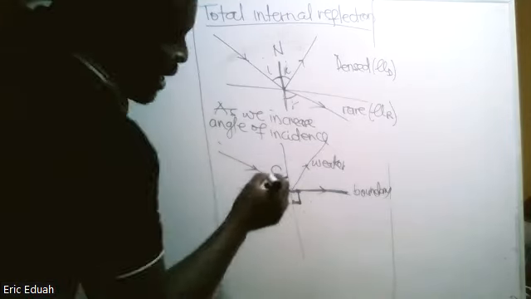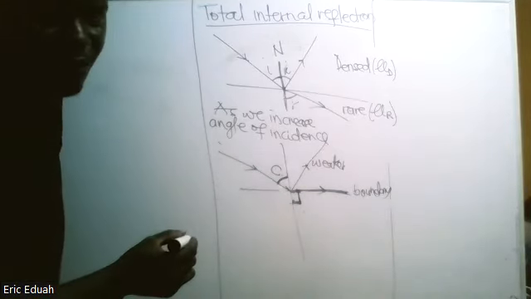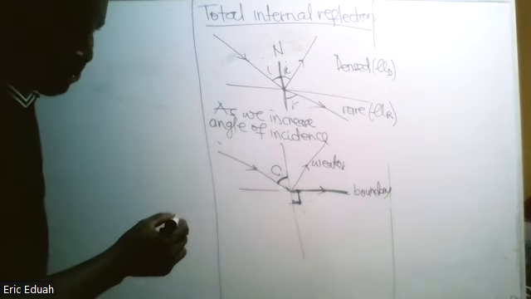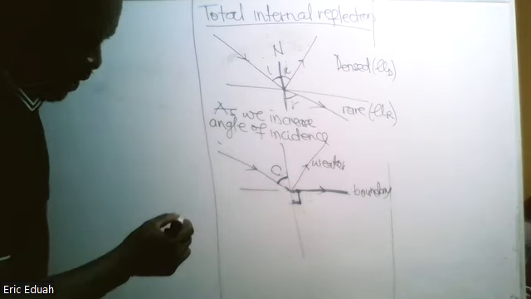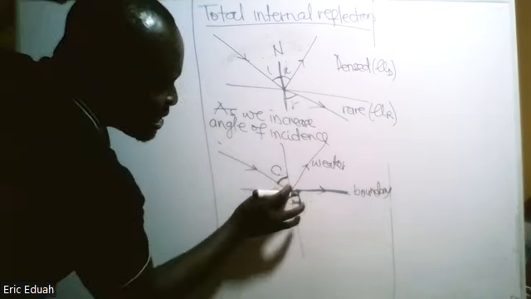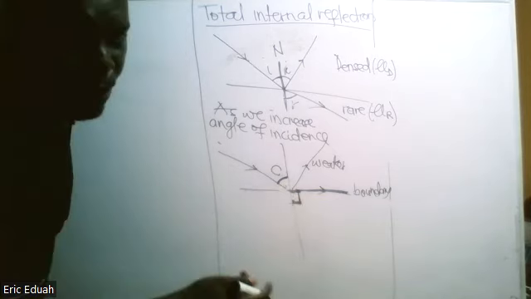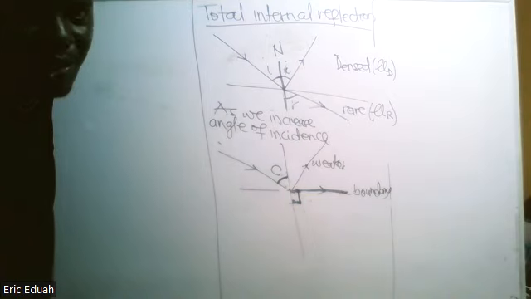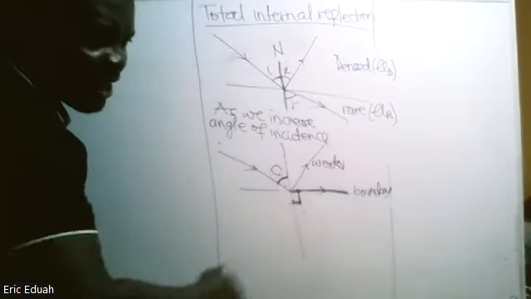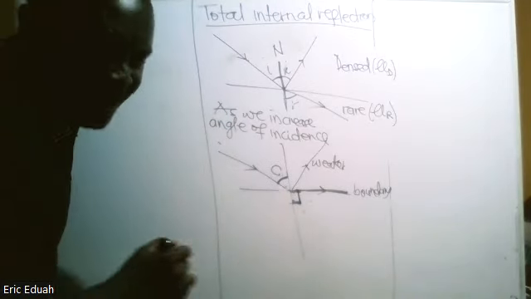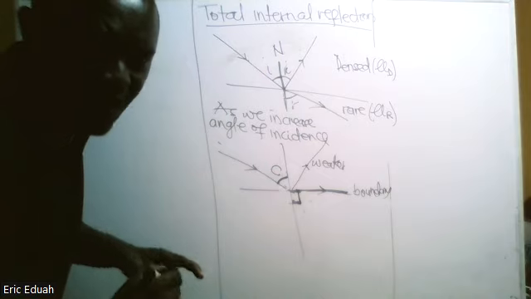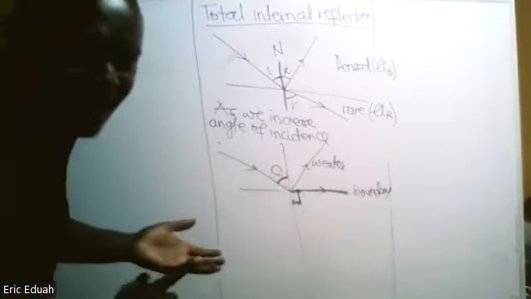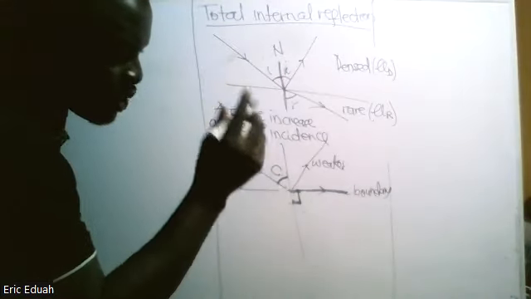Now, at the attainment of the critical angle, if you go beyond that angle of incidence which gives an angle of refraction of 90, say if it's 20, the moment you produce an angle of incidence of 21, 22, this is what you observe.